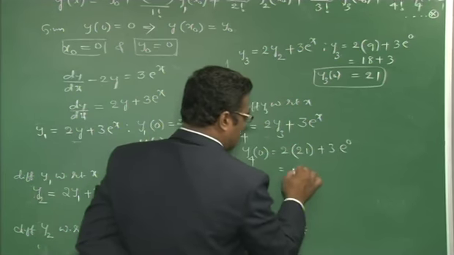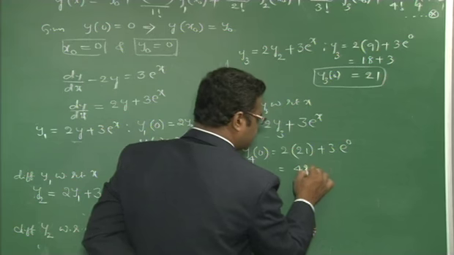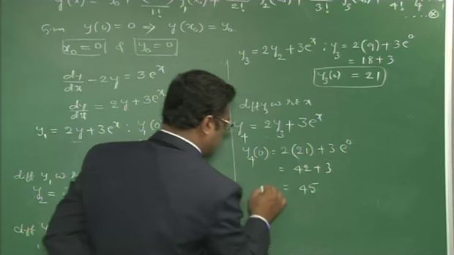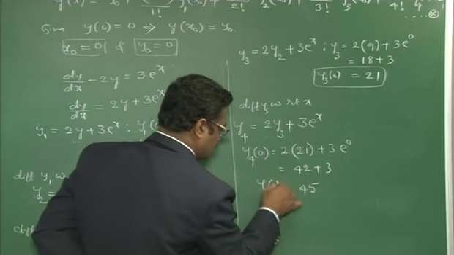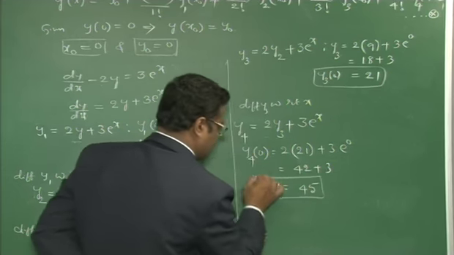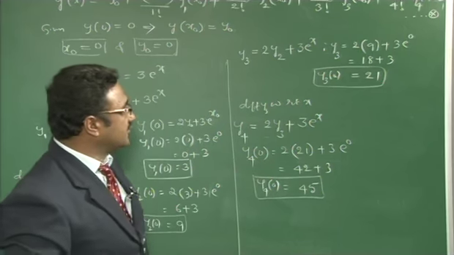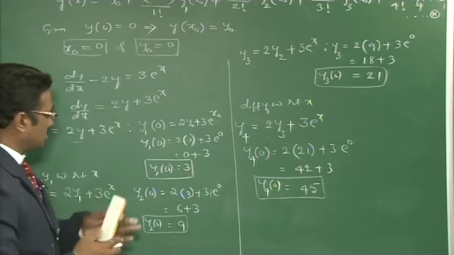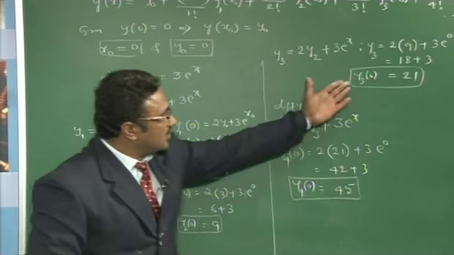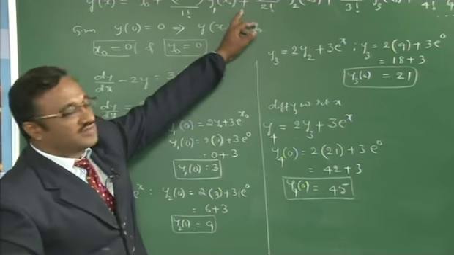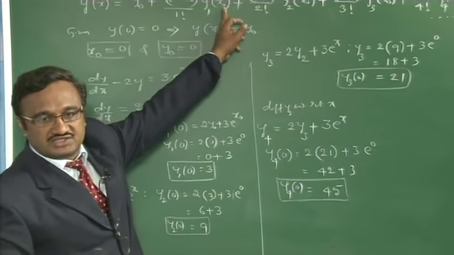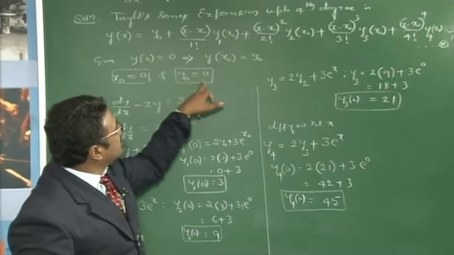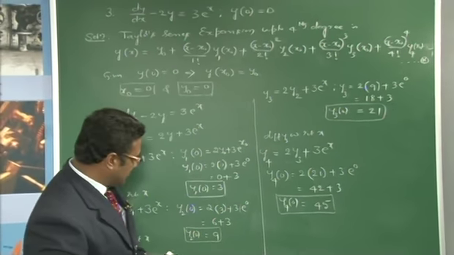The e power 0 value is 1, we get 45. This is y4 of 0 is 45. Now again the same thing. After finding all these, y1, y2, y3 and y4, substitute in equation star with their initial conditions. The initial conditions are again x naught 0, y naught 0.